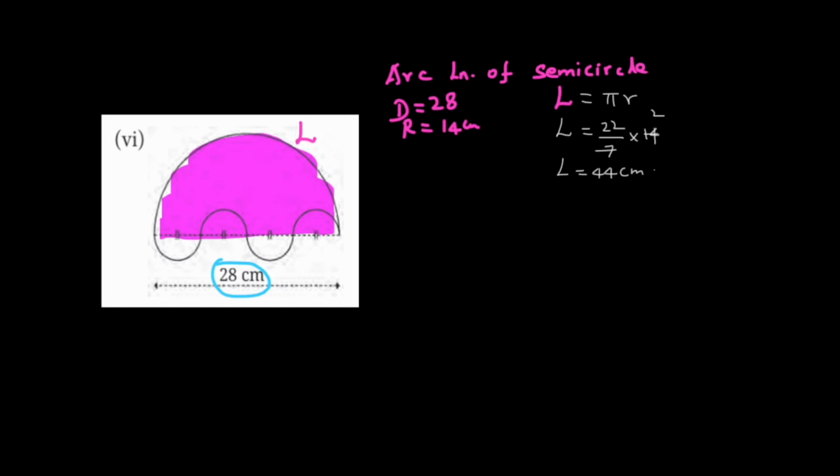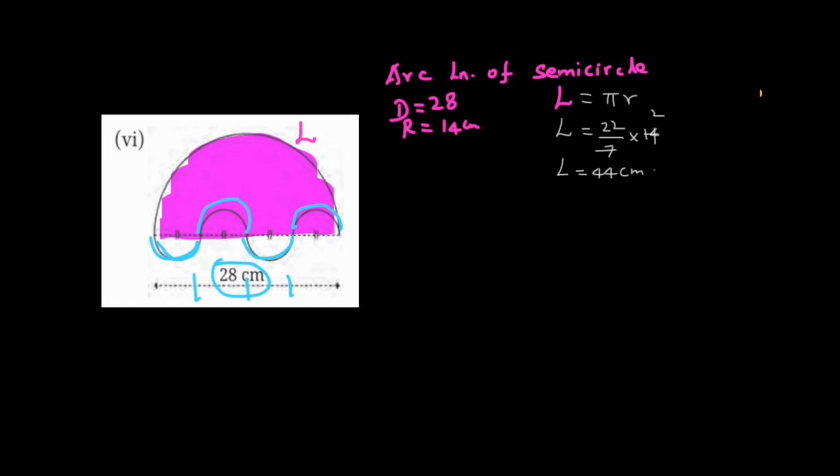Now next, look at this one. Here one semicircle, another semicircle, another semicircle, another semicircle, which means the 28 is divided into 4 equal parts, 1, 2, 3, 4.